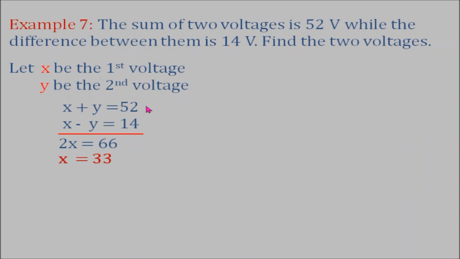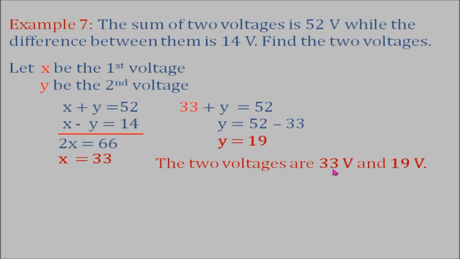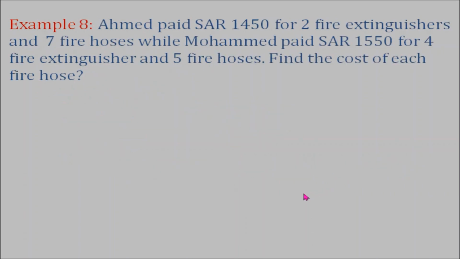Now, using one of the equations, we can find the value of y by substituting 33 into x. So using the first equation, we have 33 plus y equals 52. Subtracting 33 from both sides, y equals 19. That means the two voltages are 33V and 19V.